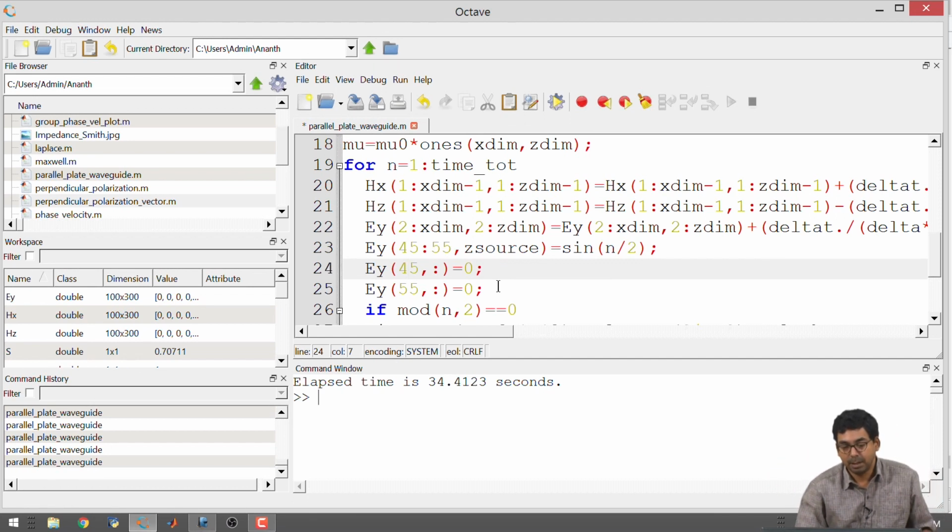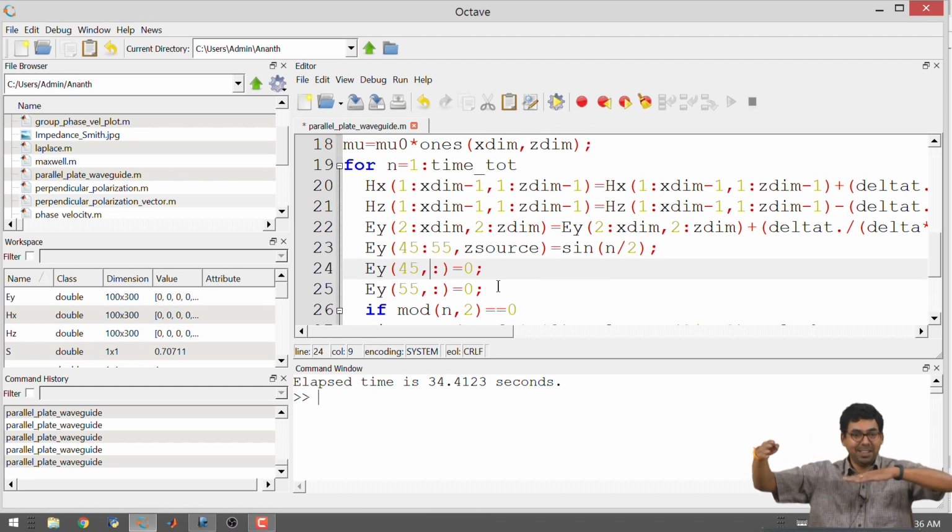So, I will just say that, so 45 is at the bottom. So, one of the plates has to become a little longer than the other plate, because I am having parallel plates, I want to have parallel plates here also. So, one of these plates has to become longer, all right.